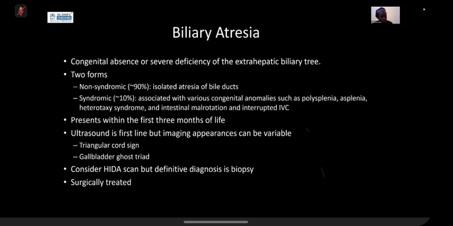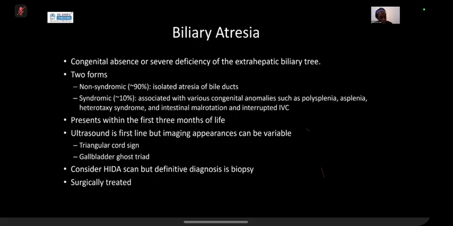So if it's picked up early enough, they can have this thing called a Kasai procedure, which is where they do excision of all the fibrotic abnormal bile duct tissue and then do a Roux-en-Y anastomosis of the intrahepatic ducts to lead to the jejunum. So that's how you get your biliary drainage, basically via this Roux-en-Y jejunostomy.